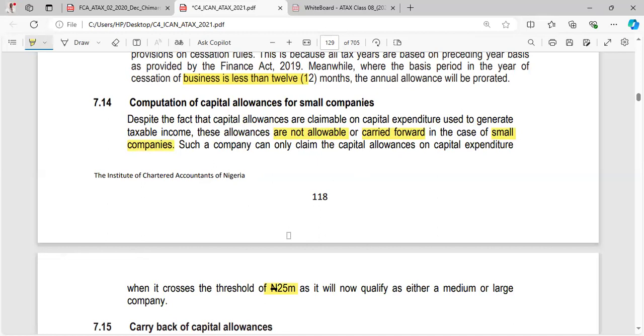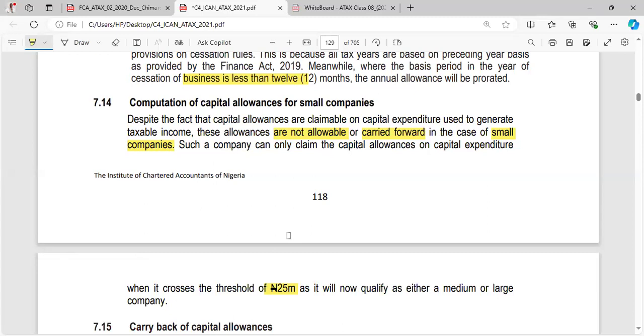That means revenue less franked investment income or so. Now, because you are under 25 million, you are not paying tax. Your tax rate is zero. So because you are not paying tax, you will not be allowed to claim capital allowance. Because where are you claiming the capital allowance?